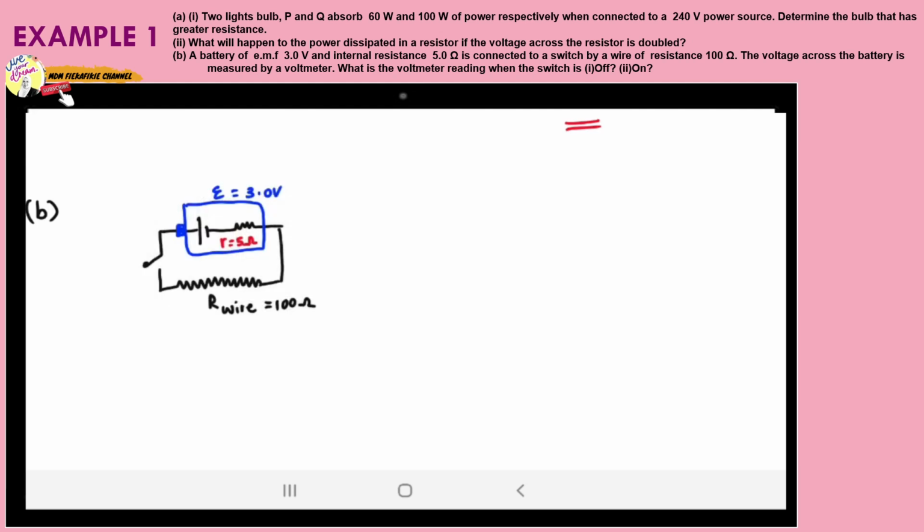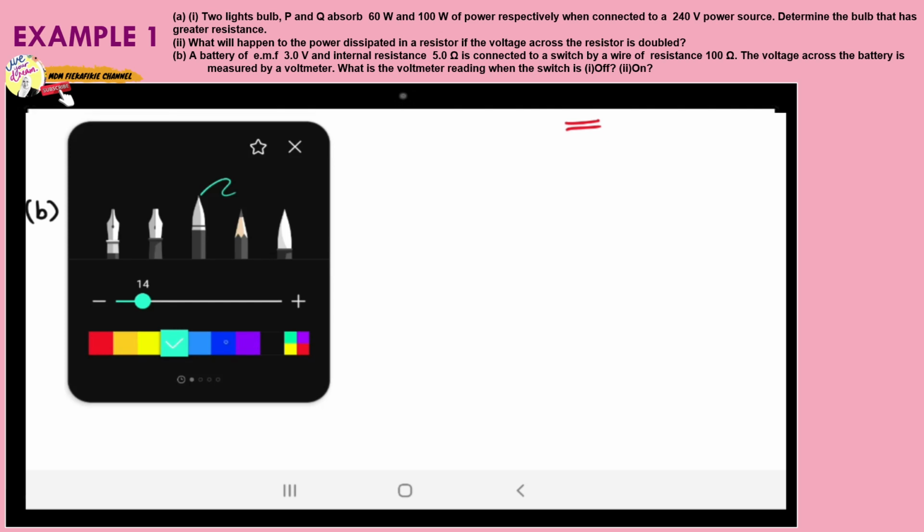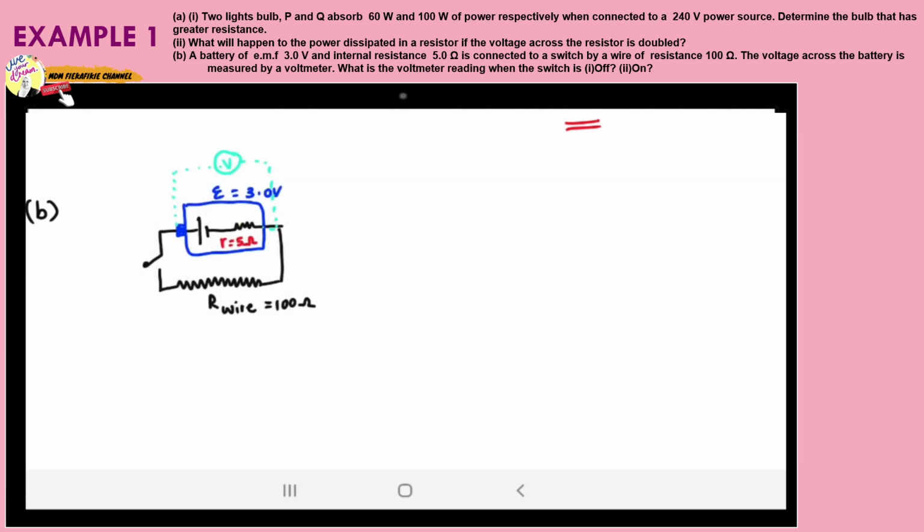It means that we have a voltmeter and we attach the voltmeter here, so the voltmeter reads the reading of the battery. Since the switch is off, no current flows through the circuit. So we can write that the reading of the voltmeter will be exactly equal to 3.0 volt.